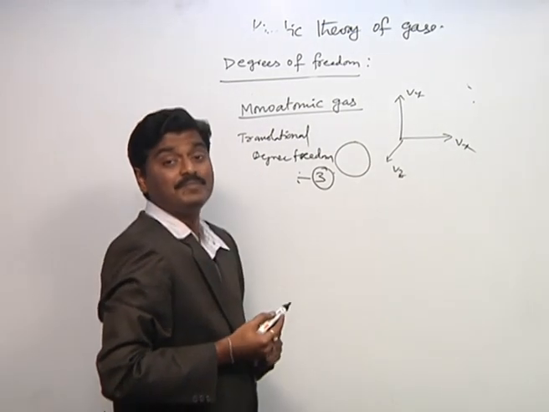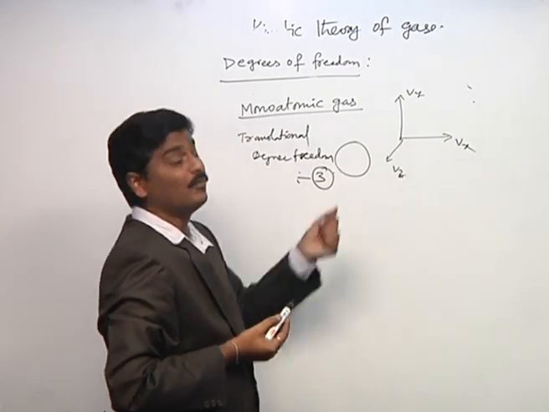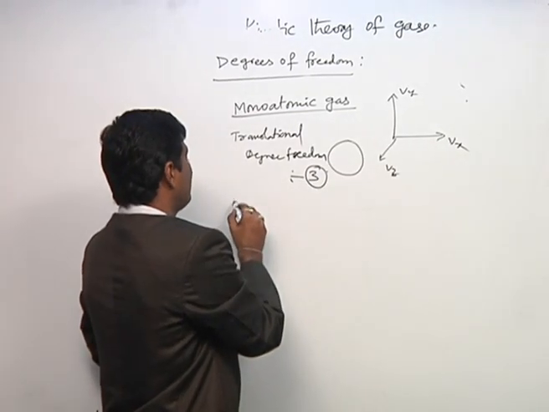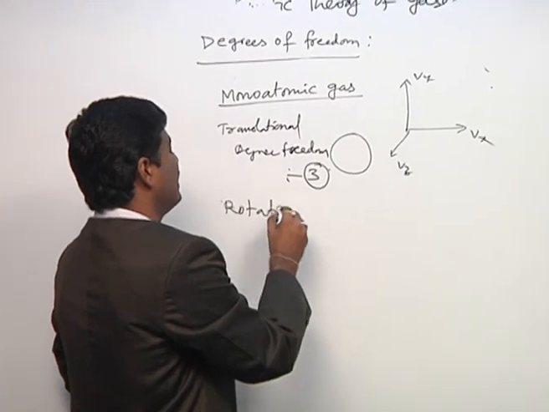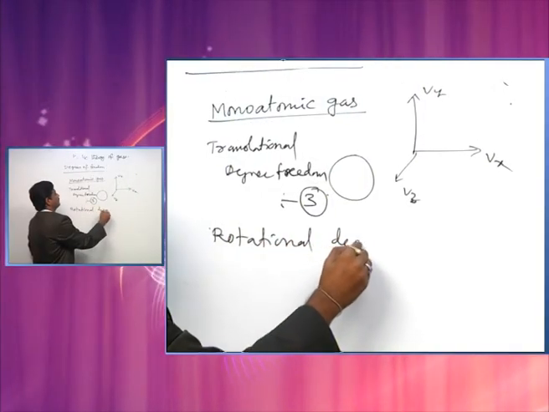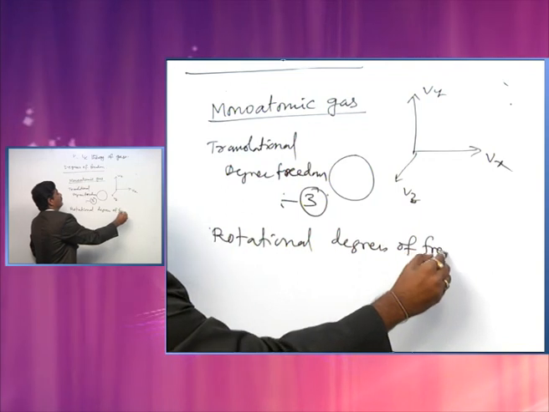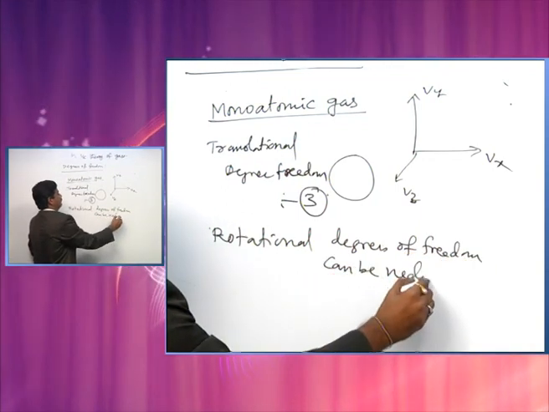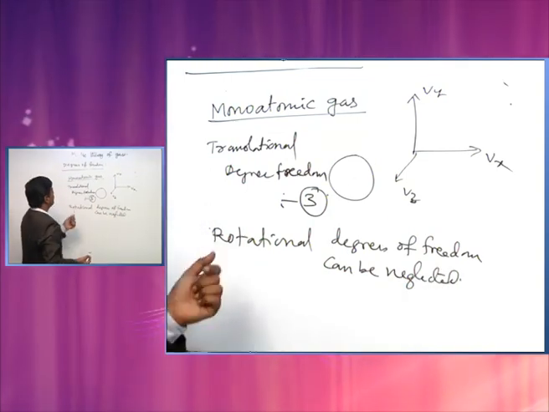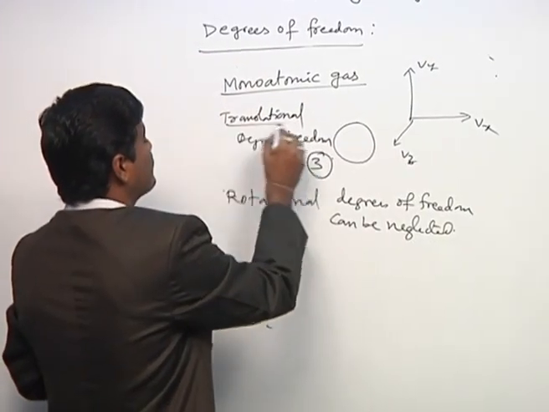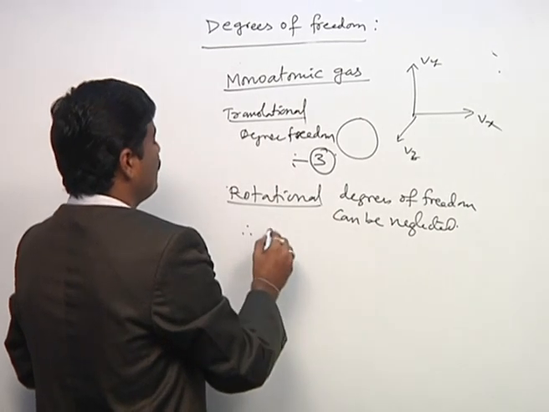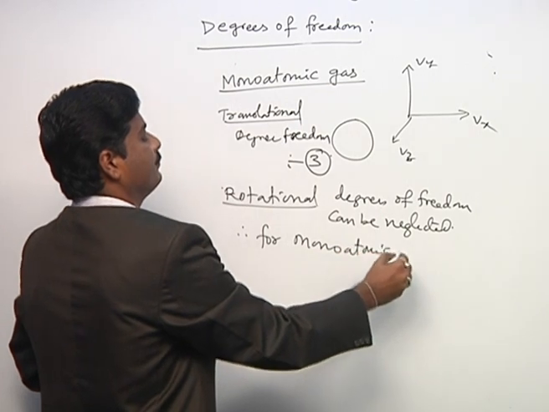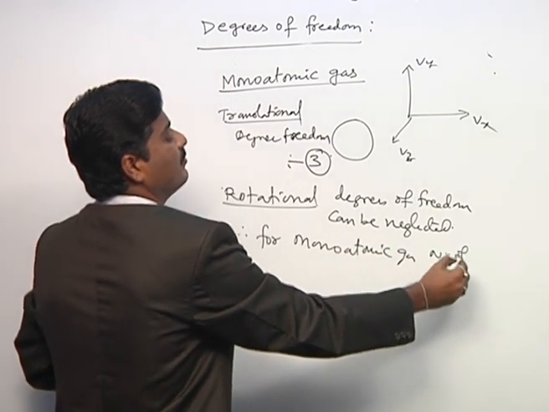But our assumption in the kinetic theory of gases is that the size of the molecule is very, very small, so the rotational degrees of freedom can be neglected. At room temperature we consider translational as well as rotational. Therefore, for monoatomic gas, the number of degrees of freedom is 3.